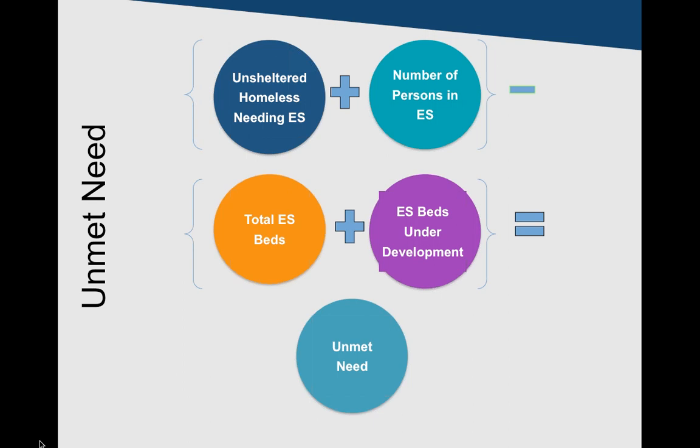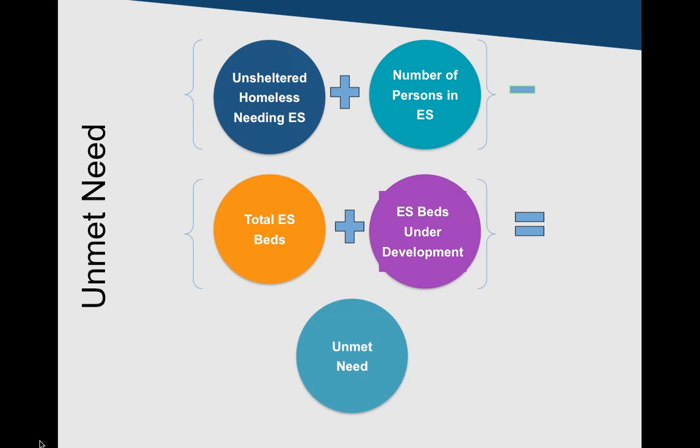All right, I'm going to now talk about calculating unmet need. To calculate your CoC's unmet need for emergency shelter, transitional housing, safe haven, rapid rehousing, or permanent supportive housing beds, you should take the number of unsheltered homeless persons or households needing that type of program, for instance emergency shelters in this example, and add it to the number of persons or households currently in emergency shelter.